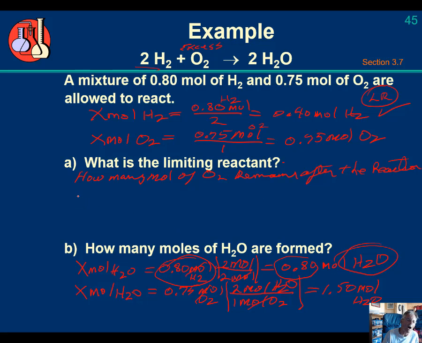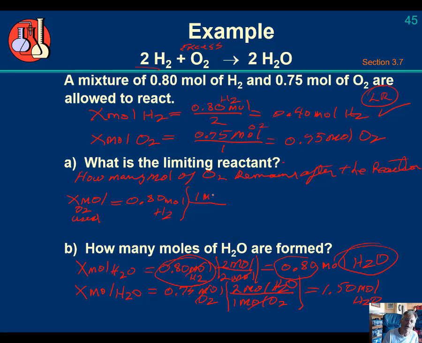So how many moles of O2 get used in the reaction? Our limiting reactant is still the H2, which is 0.80 moles. And now my mole to mole ratio is between oxygen and hydrogen. I'm not concerned about the water.